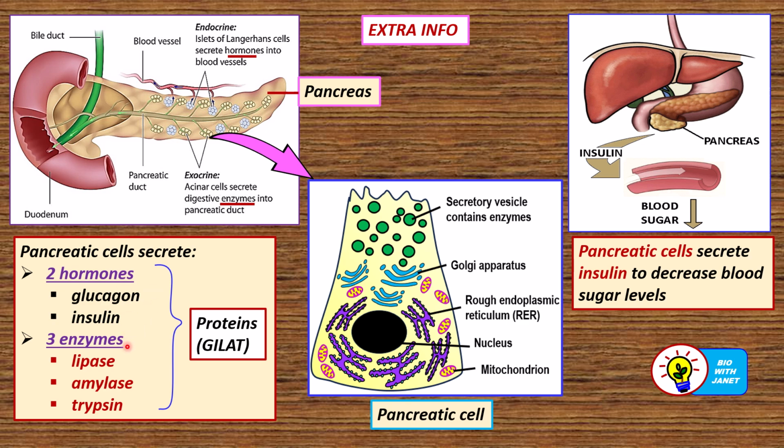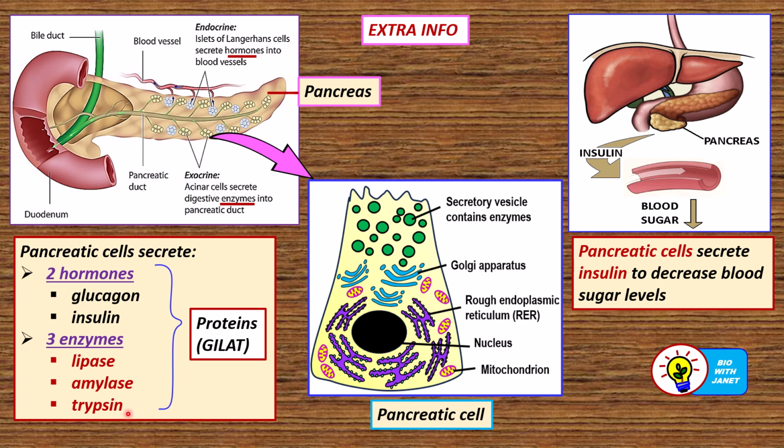Now, the three enzymes secreted by pancreatic cells are lipase, which digests the lipids into fatty acids and glycerol. Another enzyme is pancreatic amylase that breaks down the starch to form maltose. And then lastly, there's trypsin, which digests the polypeptides, right? For the digestion of protein.